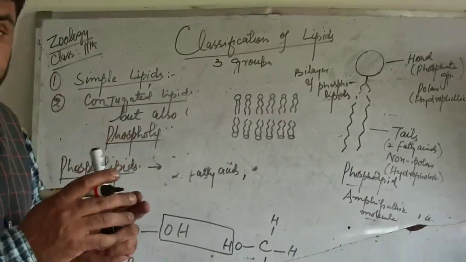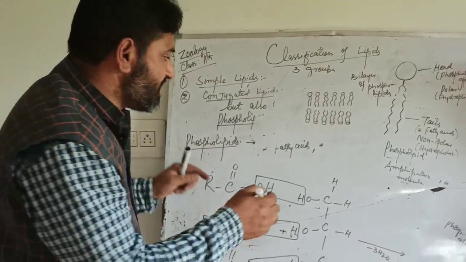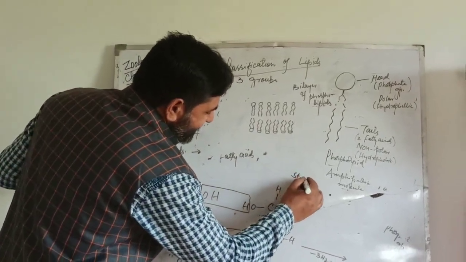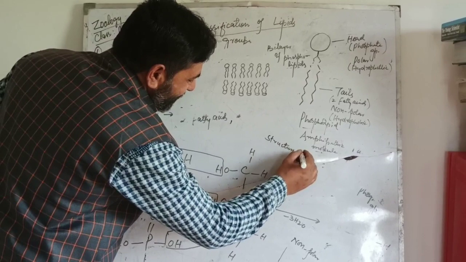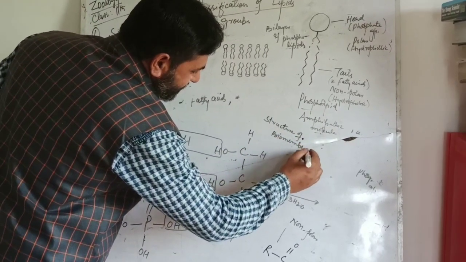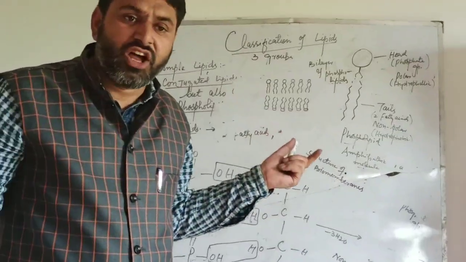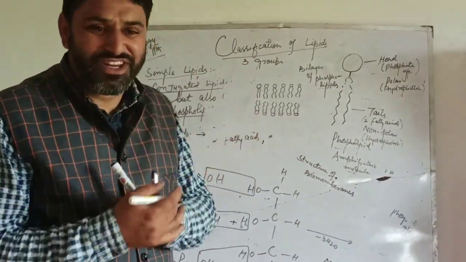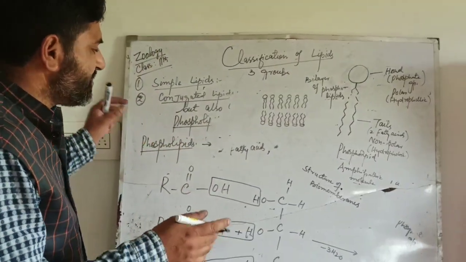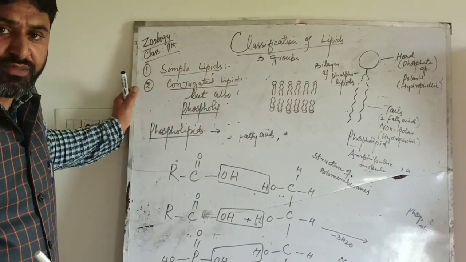That is why these bilayers of phospholipids are biologically important, because they form the structure of biomembranes. What are biomembranes? The plasma membrane and the membranes of cell organelles are known as biomembranes. So all biomembranes are composed of a bilayer of phospholipids.